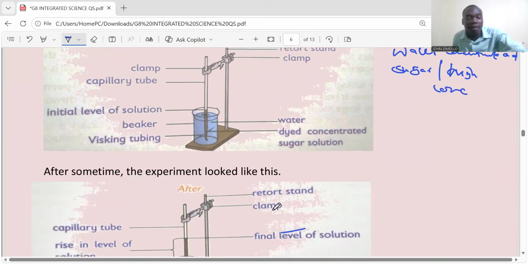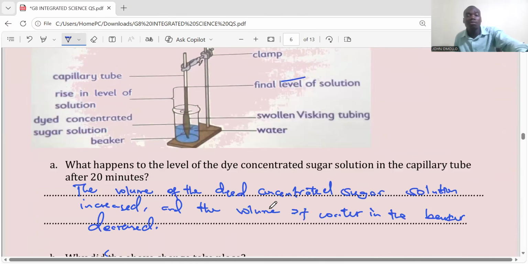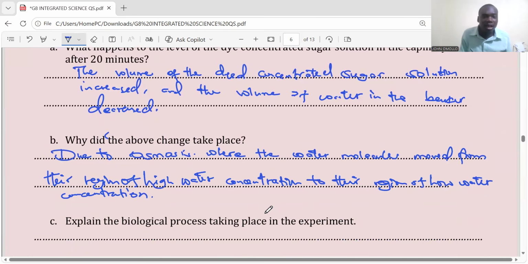But then it is lowly concentrated because of high sugar concentration. And then after 20 minutes, the volume of water in the beaker decreased because water had already moved through the visking tubing, or the semi-permeable membrane. That is the other name of visking tubing, through the process called osmosis. So we can say, due to osmosis, the water molecules move from the region of high water concentration to the region of low water concentration, increasing the volume.